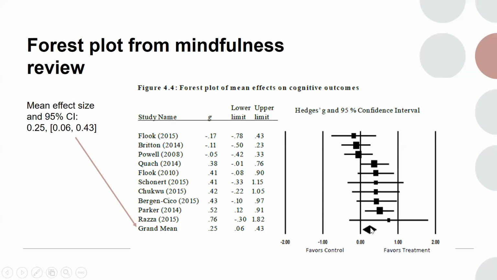And we see here, this little diamond shows us that it is to the right of 0. And so this is favoring our mindfulness group, our treatment group. And across these studies, on average, mindfulness interventions are leading to our treatment group, our mindfulness group, having higher cognitive outcomes, or outperforming our control group in the cognitive outcomes.